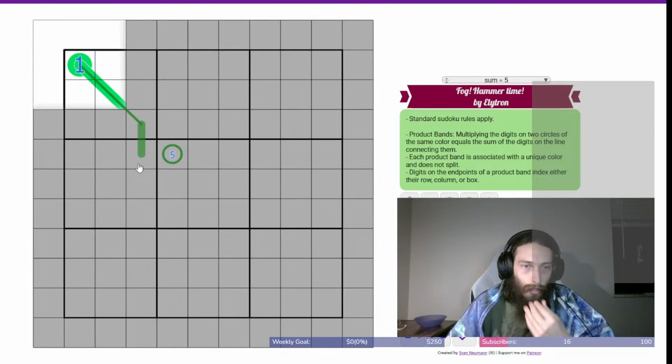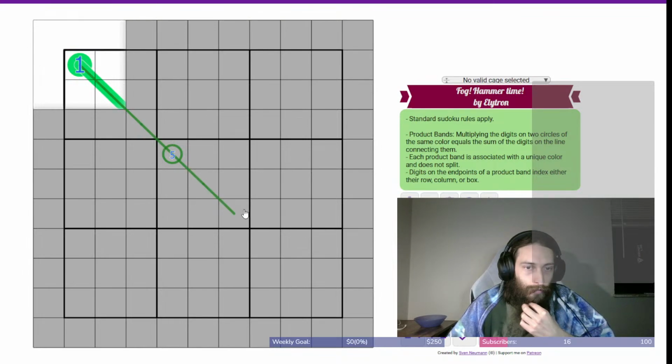If I go down 1, I can add 1 to make it 6. But then to get to 6, I have to get at least to here, or I could go all the way to there.